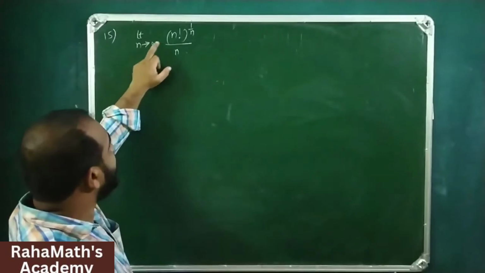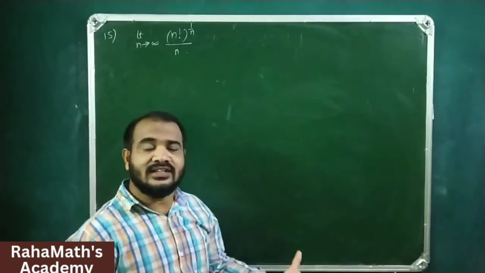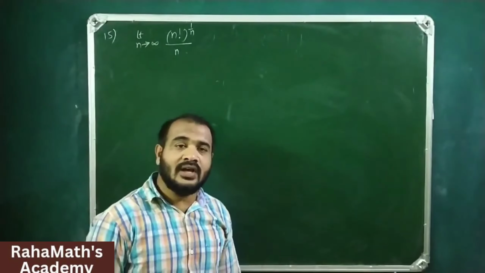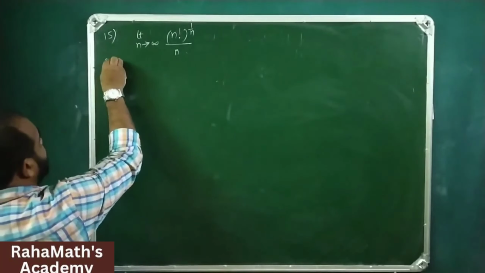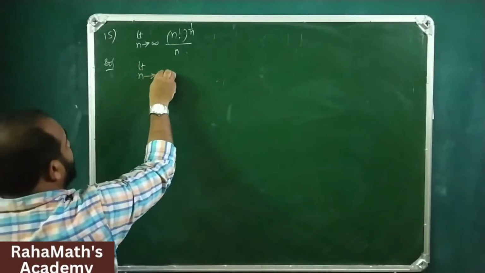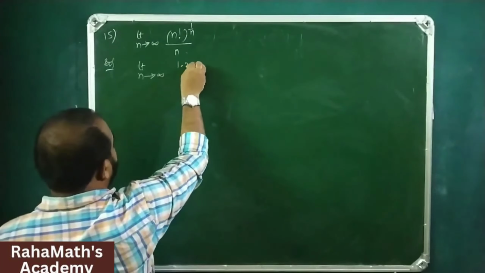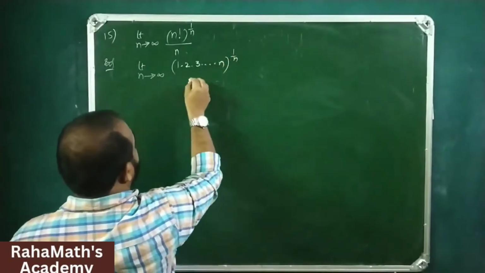Next: limit n tends to infinity, n factorial whole power 1 by n, by n. Again, this is a power. Whenever a power is there, we need to take a logarithm into consideration. So first of all, the solution is limit n tends to infinity, n factorial is 1 into 2 into 3 etc. n, whole power 1 by n, by n.